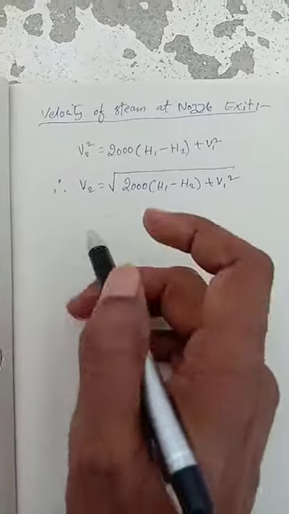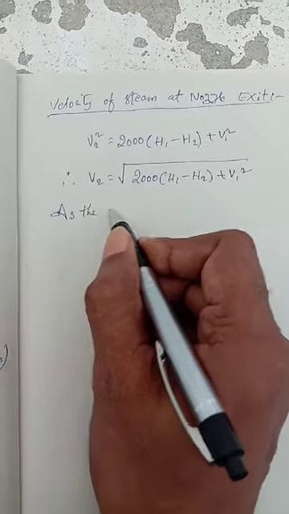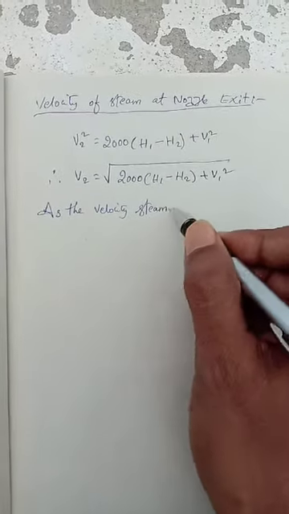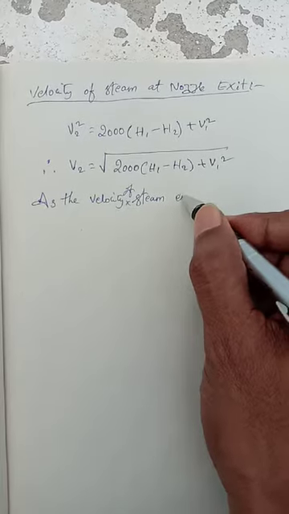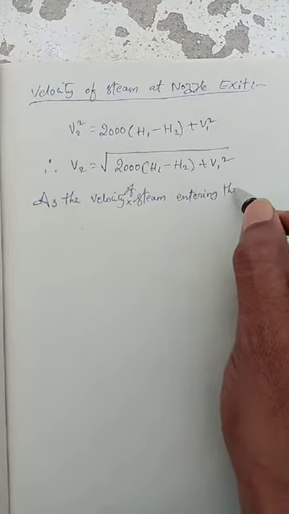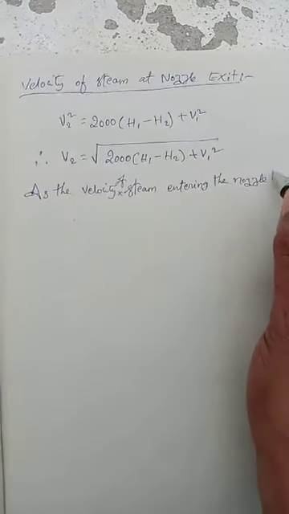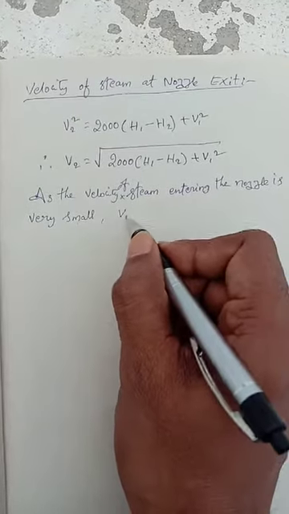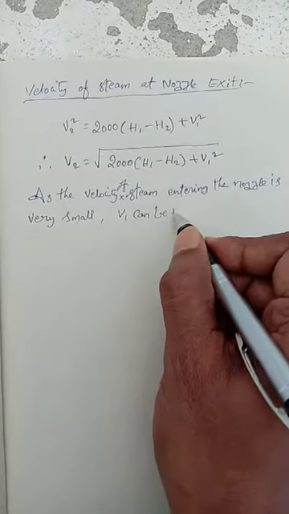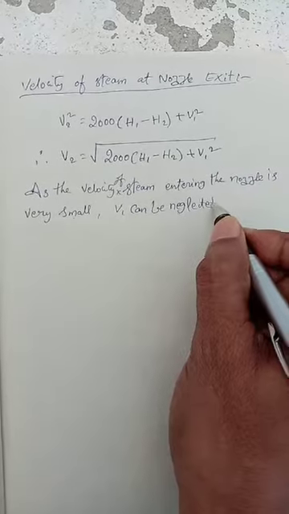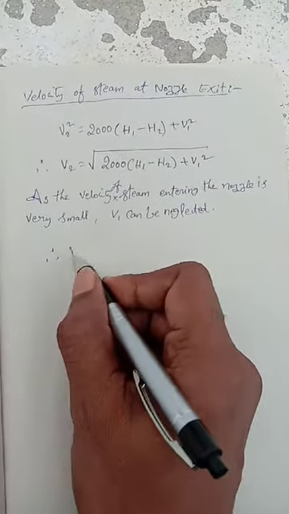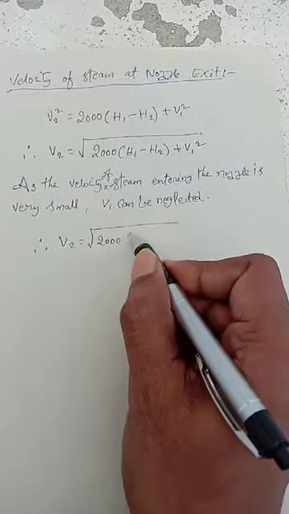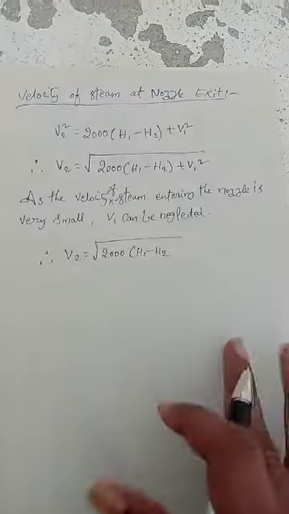So as the velocity of steam entering the nozzle is very small, v1 can be neglected. So therefore in the above equation you can write root of 2000 (h1 minus h2).